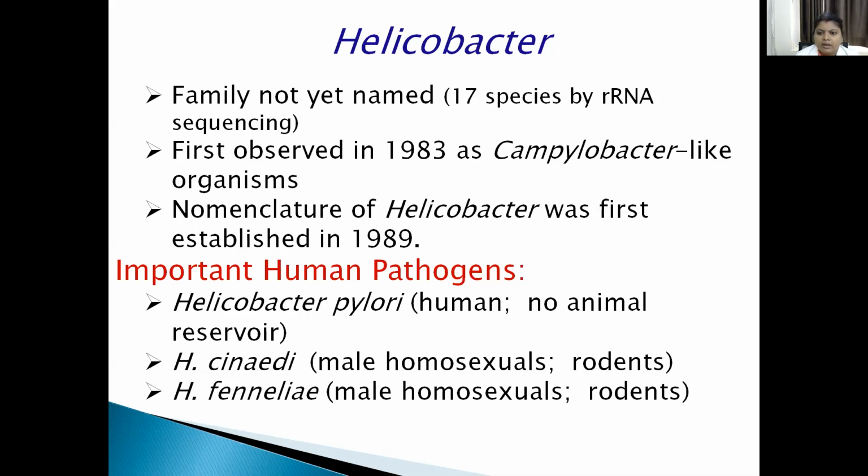Helicobacter pylori was first identified by Warren and Marshall in people suffering from gastritis, superficial gastritis. It has been known since ancient times and has been detected in pre-Columbian mummies.